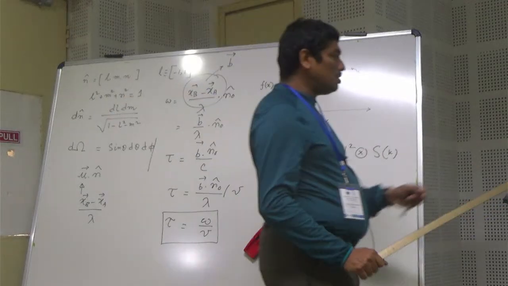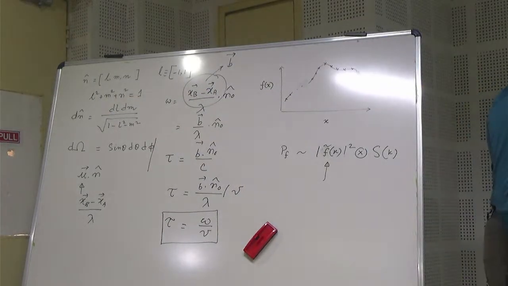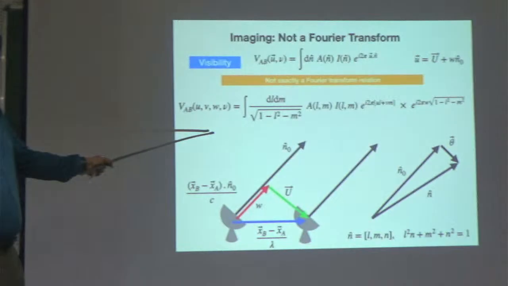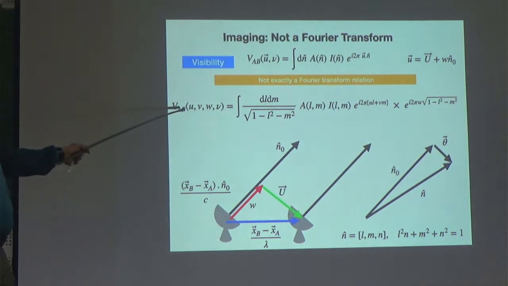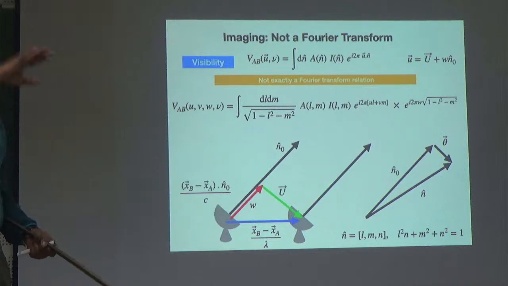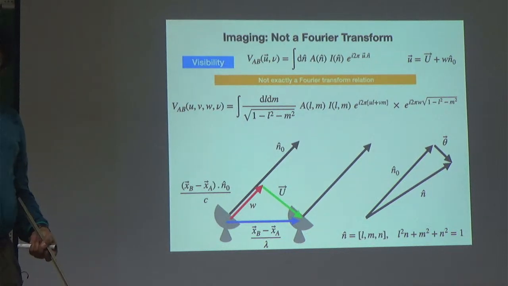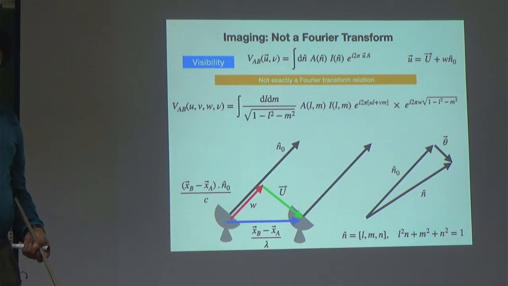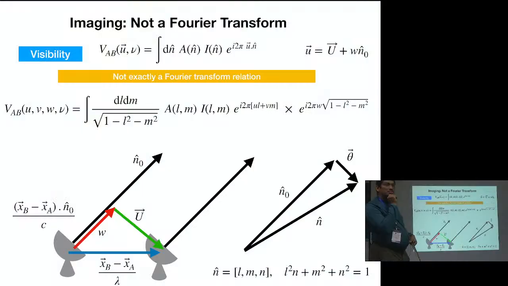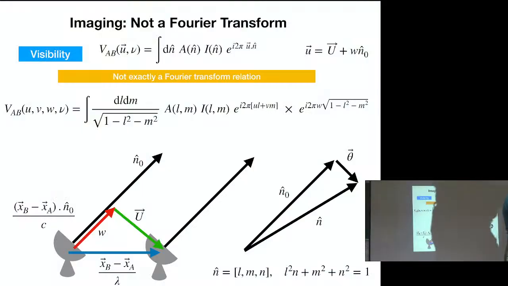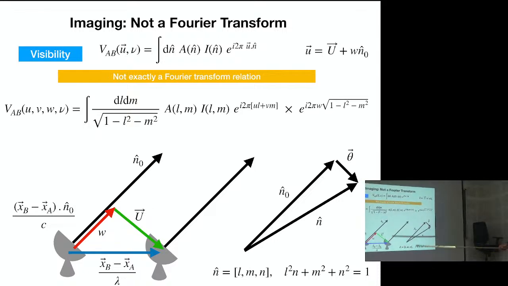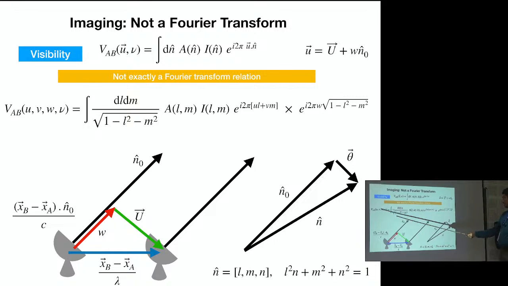You see, this w is related to the delay, and u and v is the vector in the plane of the sky. Remember that when we were talking about the power spectrum, it was given in terms of the capital U vector and the delay tau. So now you see that the visibility itself is related to the capital U vector and the delay tau.